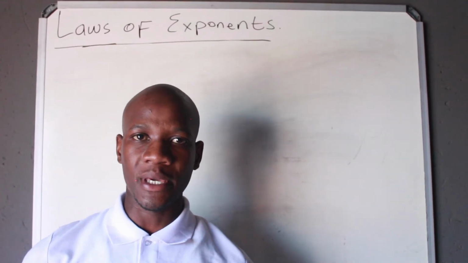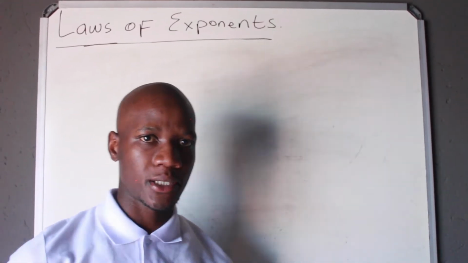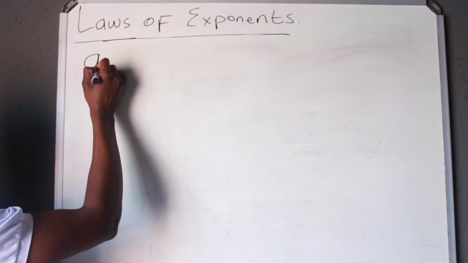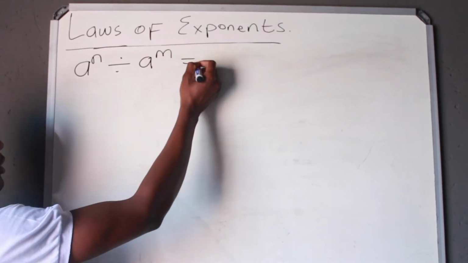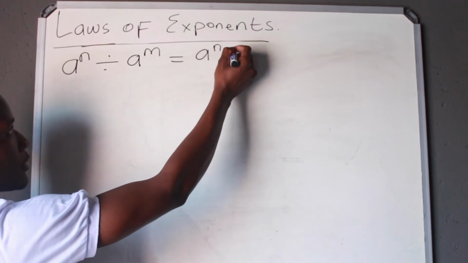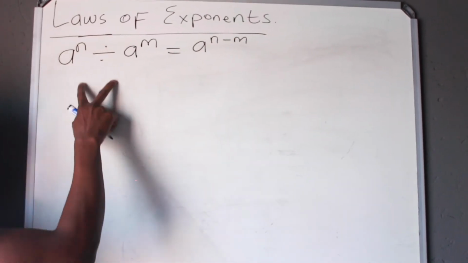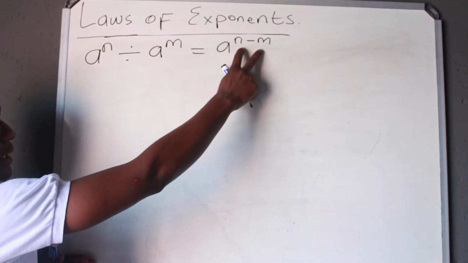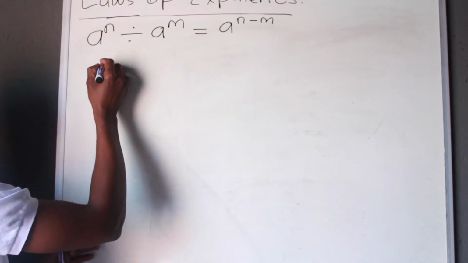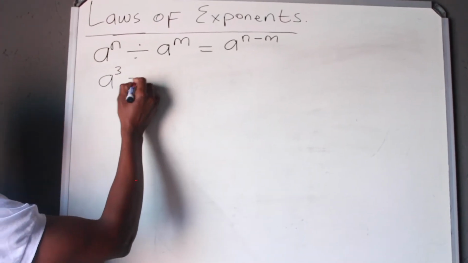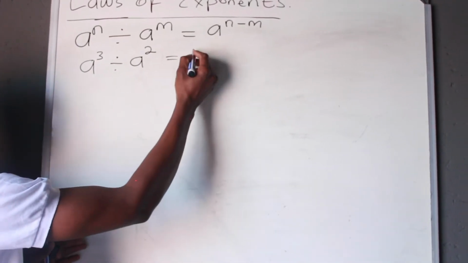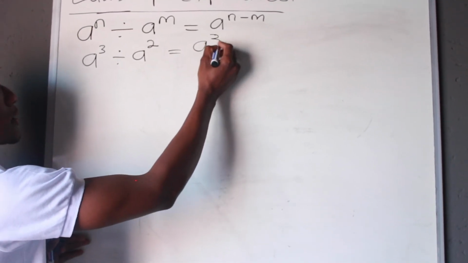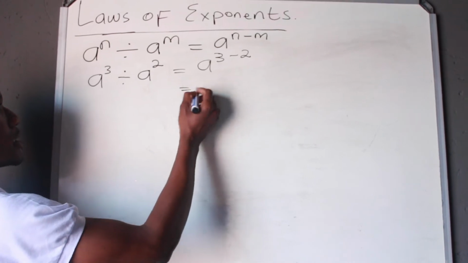When we divide the same base, we subtract the exponents. So a to the power n divided by a to the power m is equal to a to the power n minus m. So a to the power 3 divided by a squared is equal to a to the power 3 minus 2, which is a.